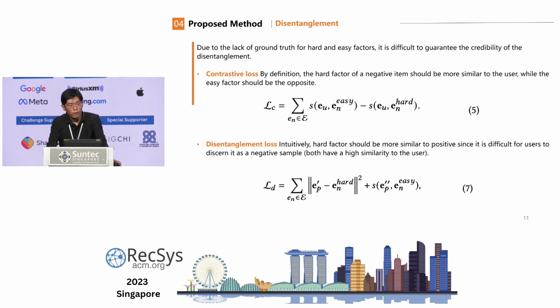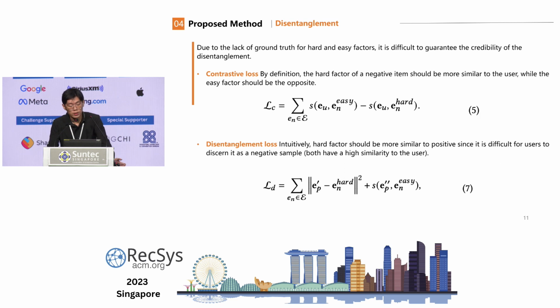We have a big challenge: we don't have any labels or supervised signals to guide how to disentangle, so it is difficult to guarantee the credibility of the disentanglement. So we introduce contrastive learning. We design contrastive loss.